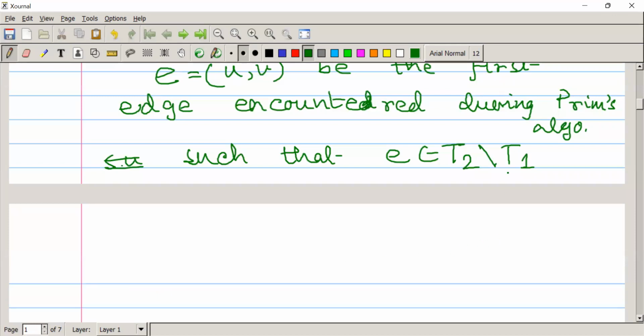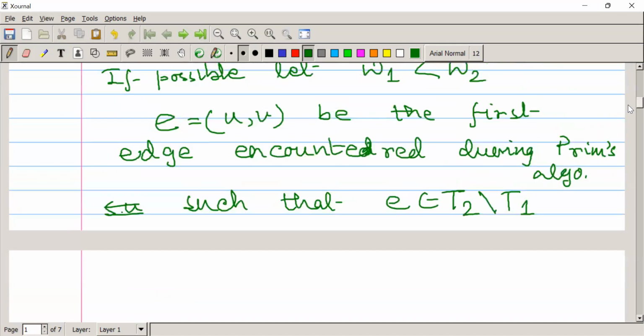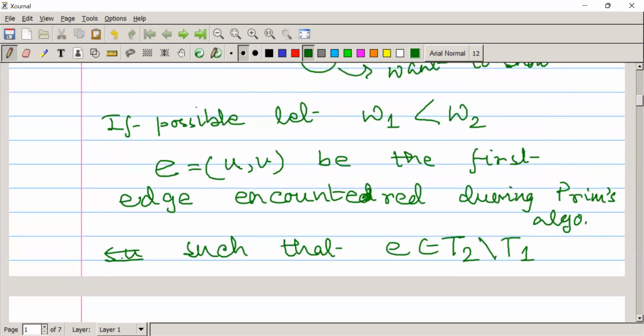And since T1 is a tree, this U and V must be connected in T1, right? Do you understand what is U? What is E?